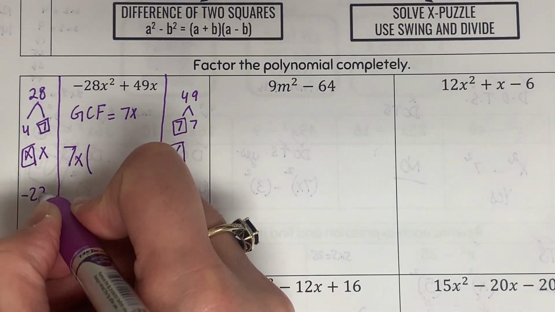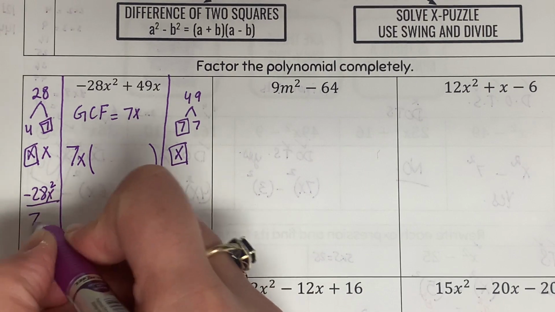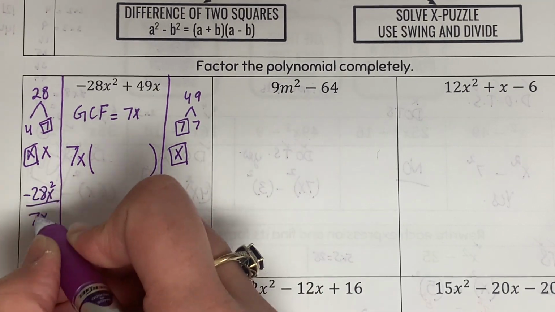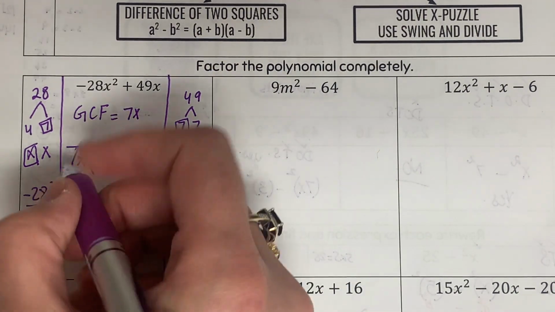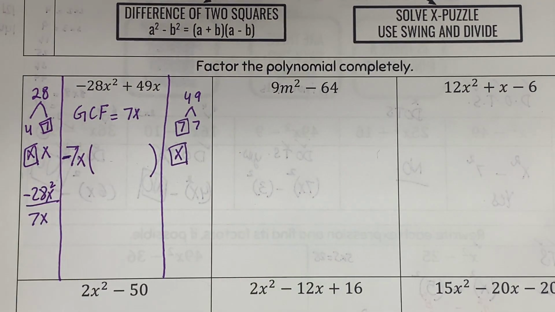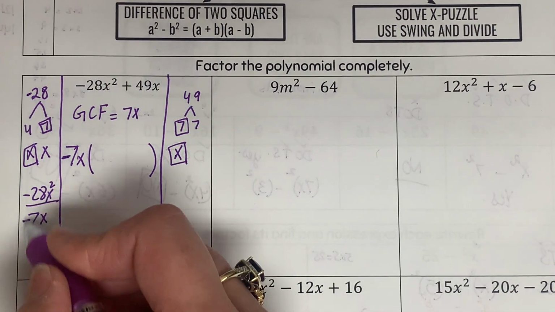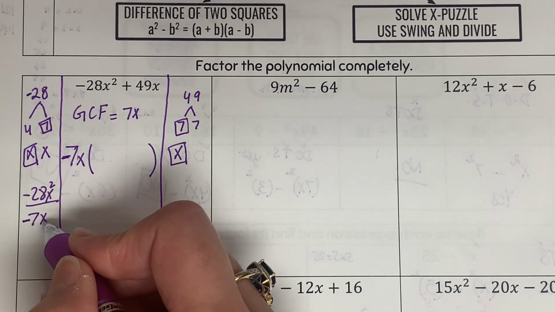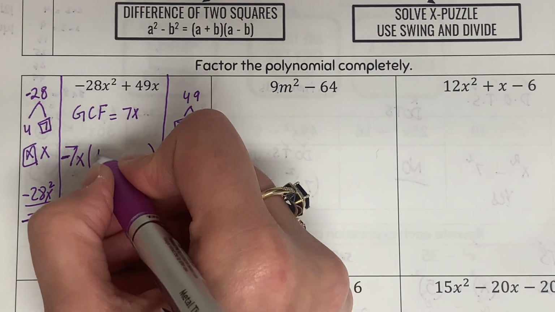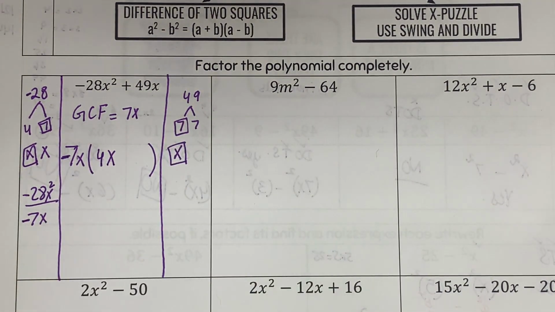So negative 28x squared divided by 7x is negative, oh, it's a minus, so I have to take the minus out. How did I miss that part? I have to take the minus out. So I'm left with positive 4, and x squared cancels x, so I'm left with 4x.